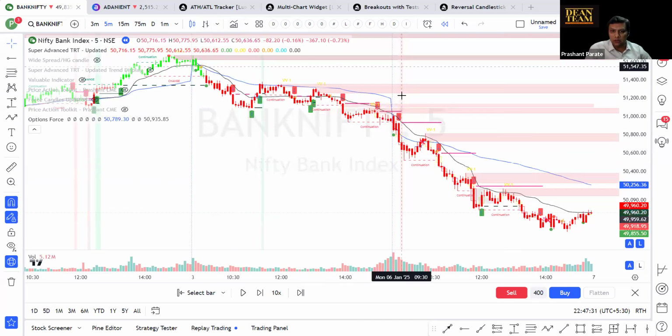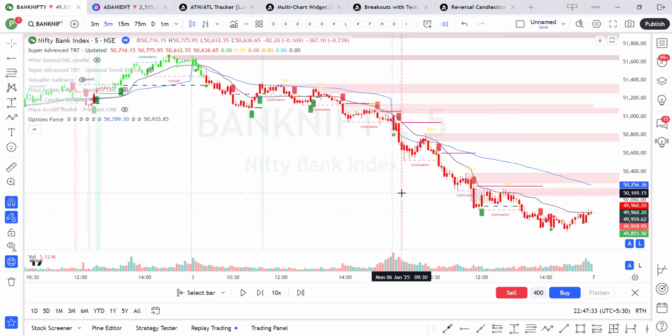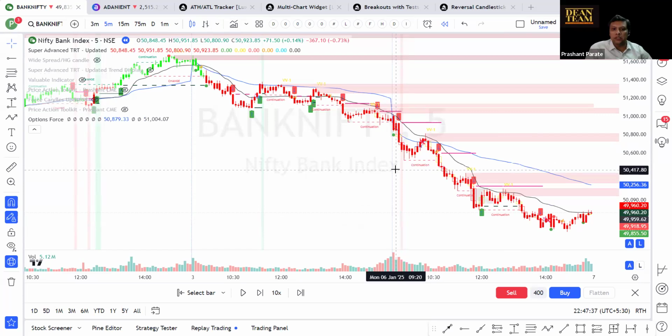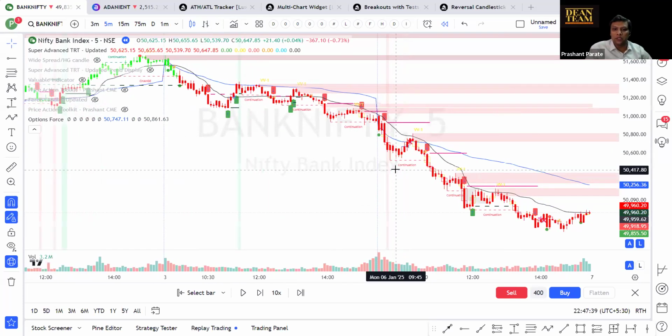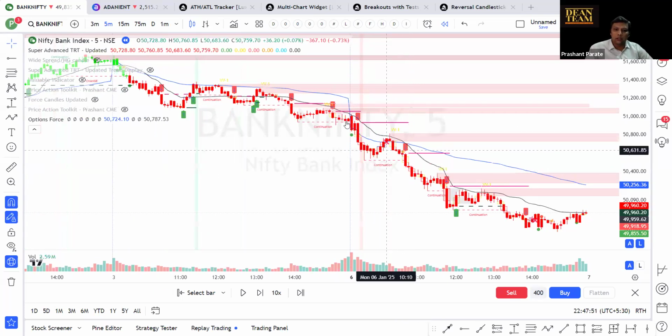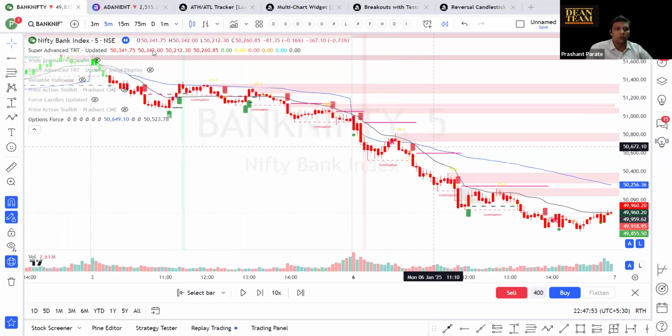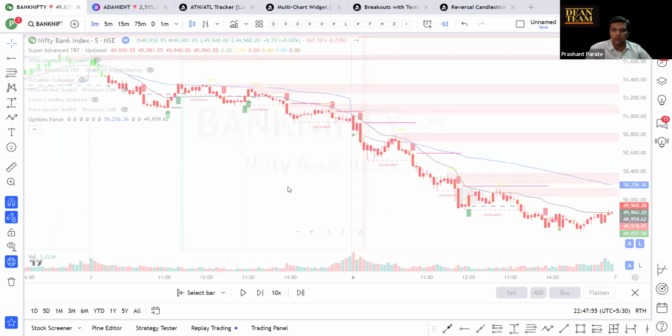So if you see this vertical line, red arrow, that is the indication that volume is increasing on the selling side, and it is an indication to sell. So in this, one can sell as soon as price touches either this blue or black line, and from there one can look for shorting opportunities.